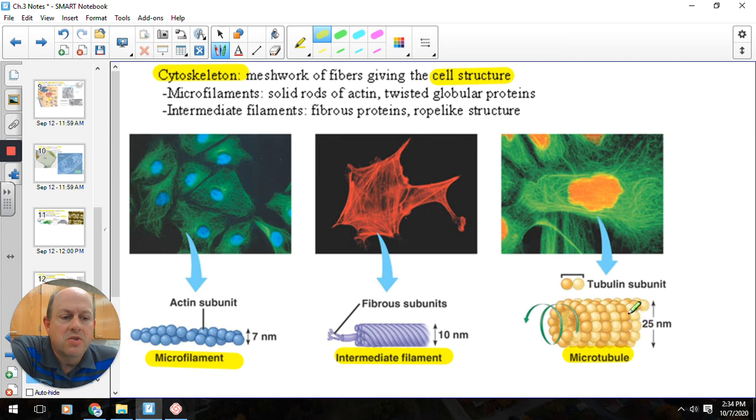So a microtubule is kind of a hollow spring, so it's very flexible, whereas a microfilament is going to be more of a twisted fiber, and then an intermediate filament is going to be both of them, kind of the tubule around the filament. And so these give structure and support and shape to the cell, and allow, like we said, the organelles to attach or anchor to those points.